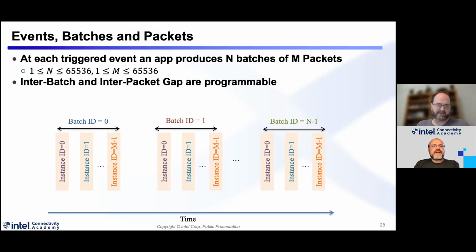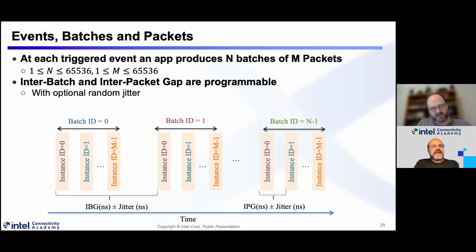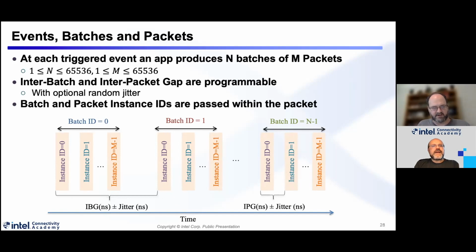You also have configuration options for how long the time is between the start of 2 consecutive batches. You can either specify that as a constant number with a jitter of 0, or as a constant number plus or minus some pseudo-randomly generated jitter. That's the inter-batch time. Similarly within a batch, we can have a constant or variable inter-packet time for packets generated within the batch.